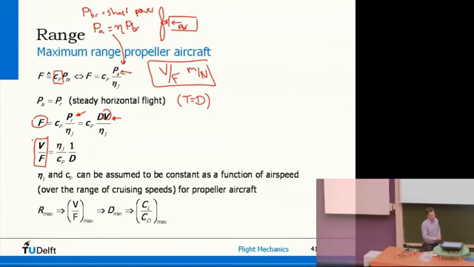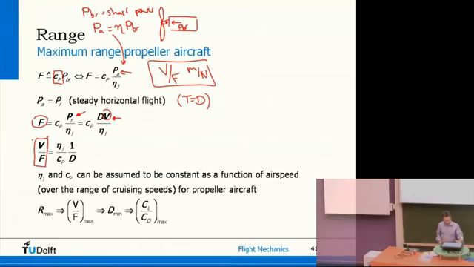Now this efficiency and this parameter Cp, in normal applications you can say that's pretty much constant for all the airspeeds that we're interested in. So that means if you want to maximize V over F, then you would have to maximize 1 over the aerodynamic drag, which means you have to minimize the actual aerodynamic drag.